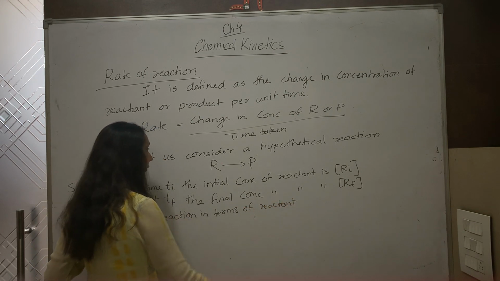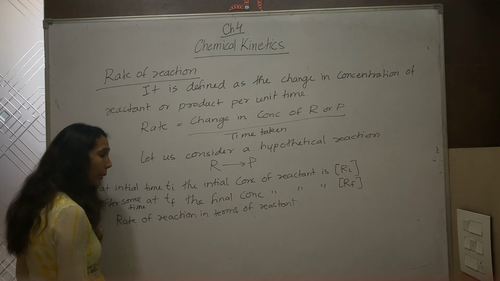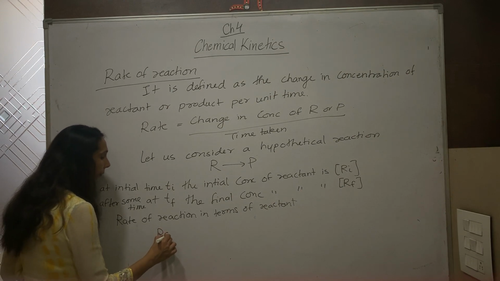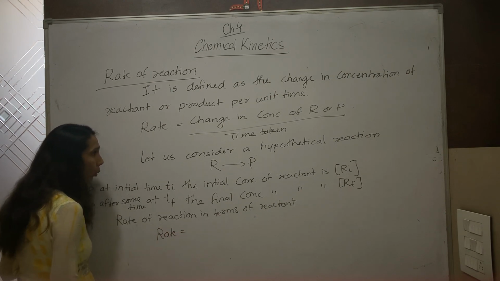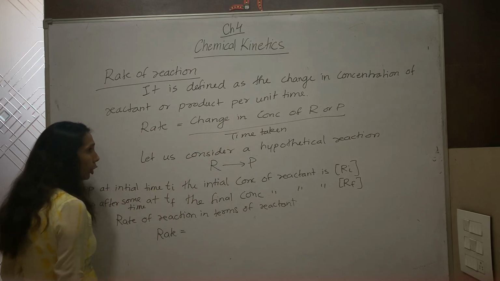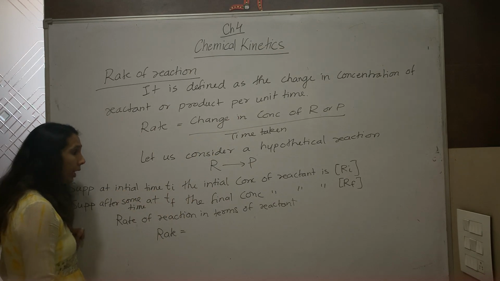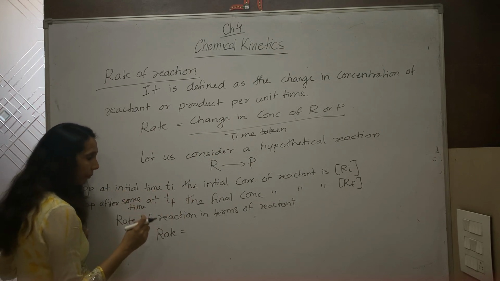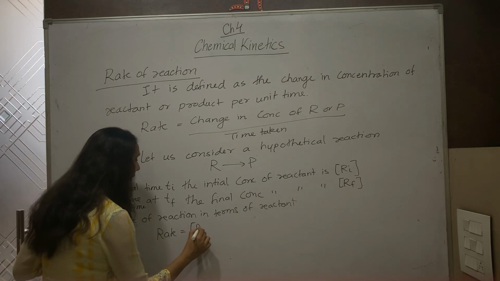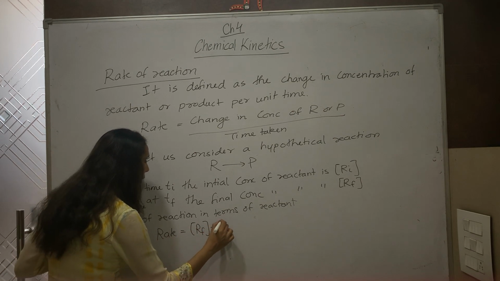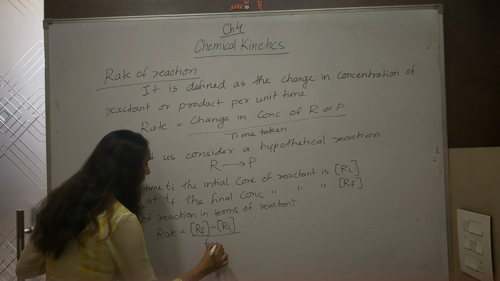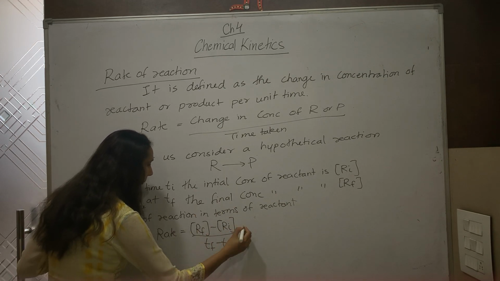Rate is equal to change in concentration of reactant or product. We are writing it in terms of reactant. The change in concentration of reactant means final concentration minus initial, upon Tf minus Ti.